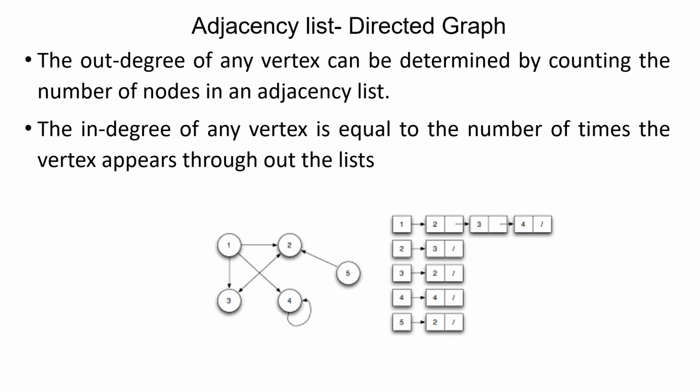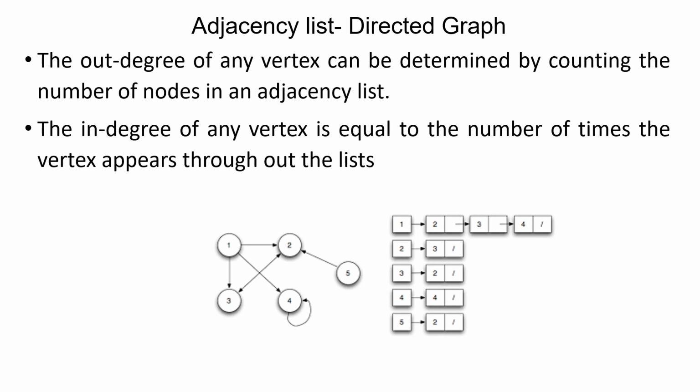For example, the out degree of vertex V1 is calculated by counting the number of nodes in the adjacency list of 1. Here in the example, we can see that there are 2 nodes in the adjacency list of vertex 1. So, the out degree of vertex 1 is 2.